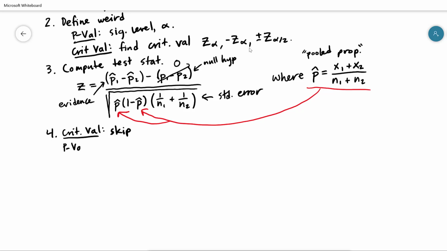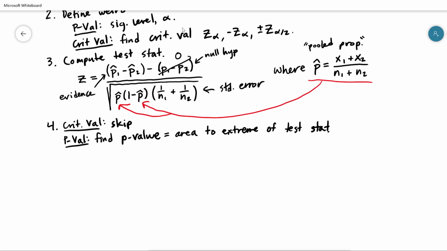And if we're doing the p-value method, this is where we actually find the p-value, which is the area to the extreme of the test statistic. And we find this so that we have the two areas that we're going to compare. The p-value is an area, and we would compare it to the significance level alpha if we're doing the p-value approach.